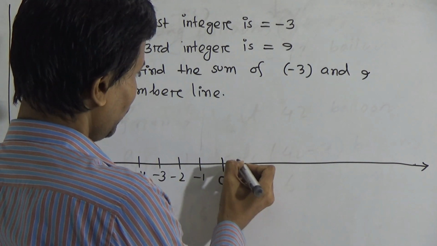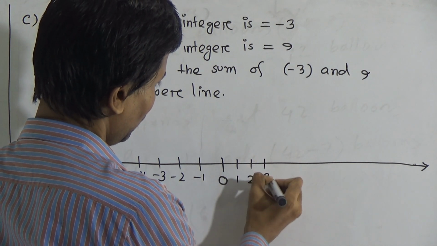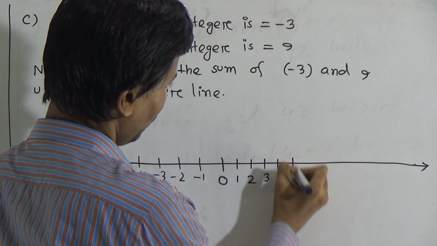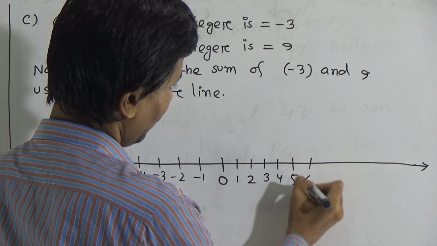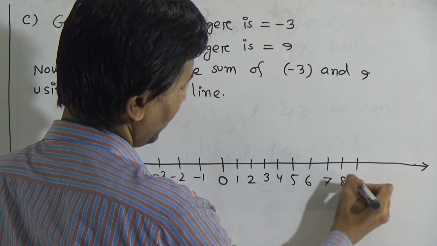And this is 9, you see, 1, 2, 3, 4, 5, 6, 7, 8, 9.